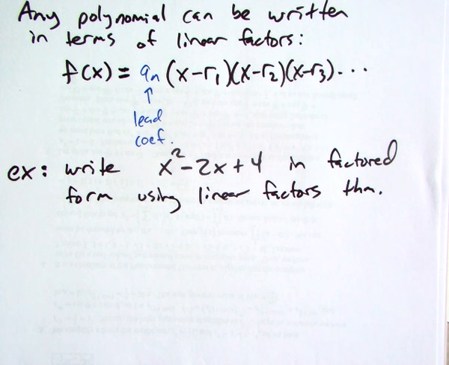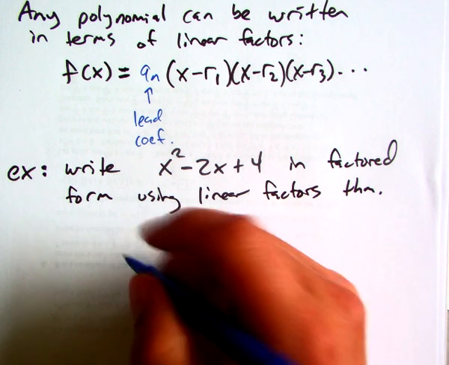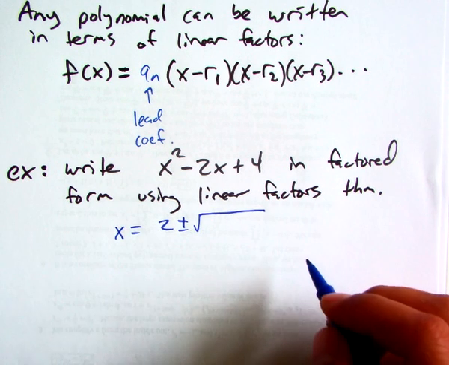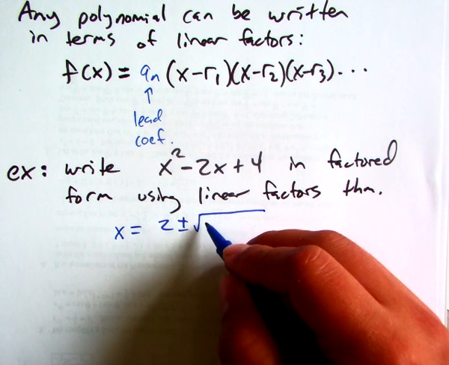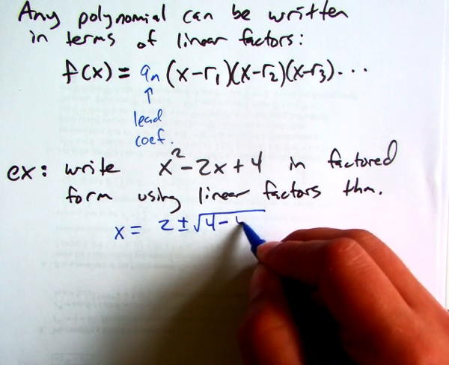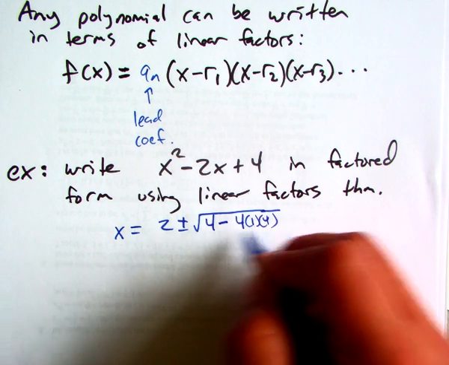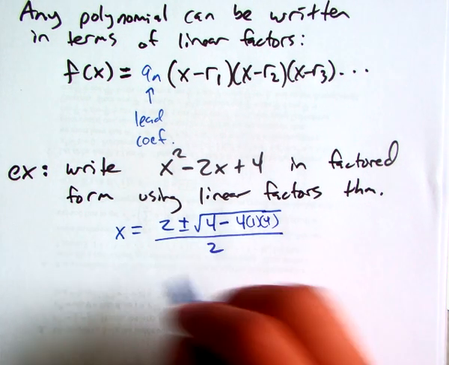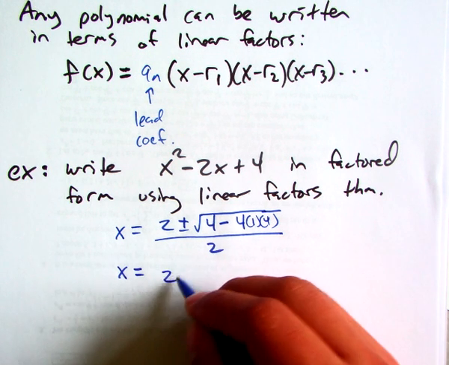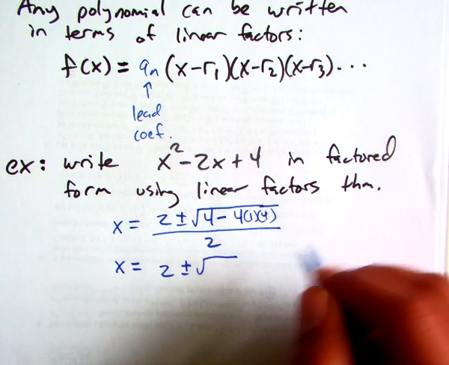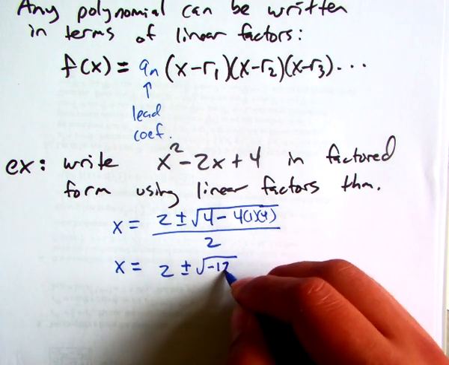So what we're going to do is find the roots. How do you find the roots? Use the quadratic formula then. So x equals the opposite of b plus or minus the square root of 4 minus 4 times 1 times 4, all over 2 times 1. 4 minus 16, so the square root of negative 12.